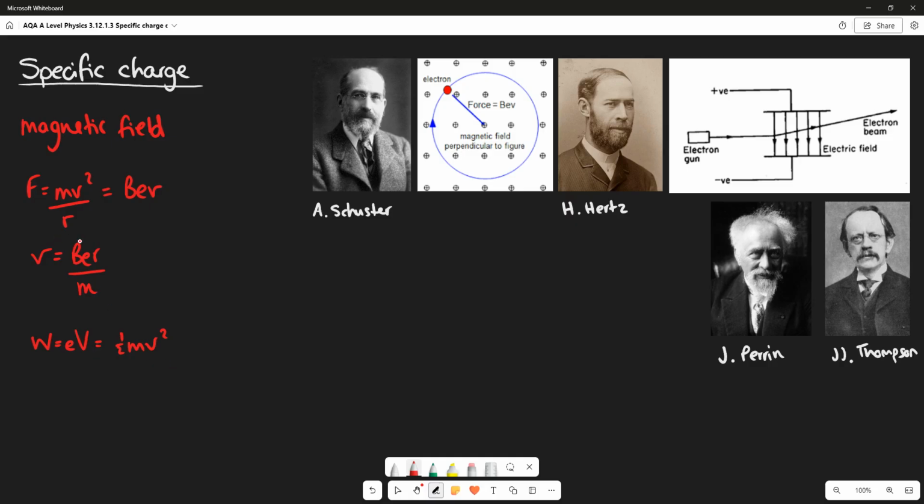And he substituted this velocity into here, and he was able to show the following. Which can be rearranged to give specific charge.